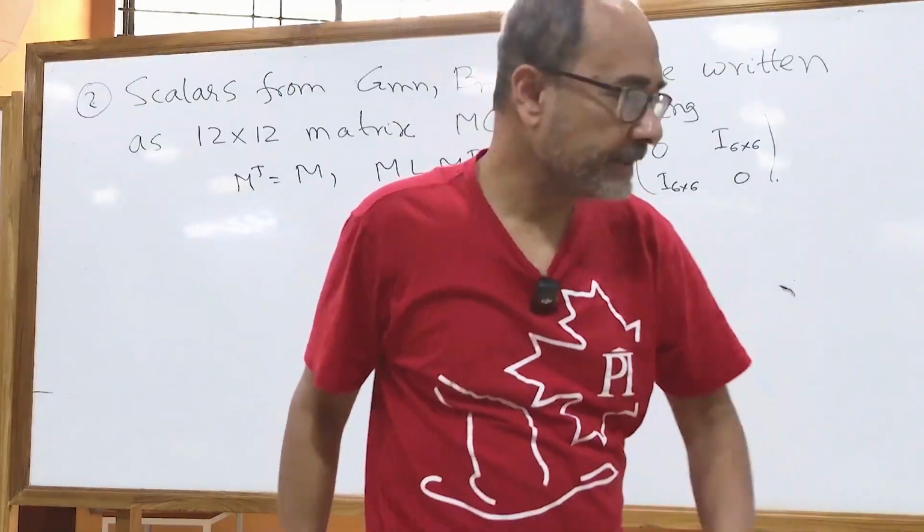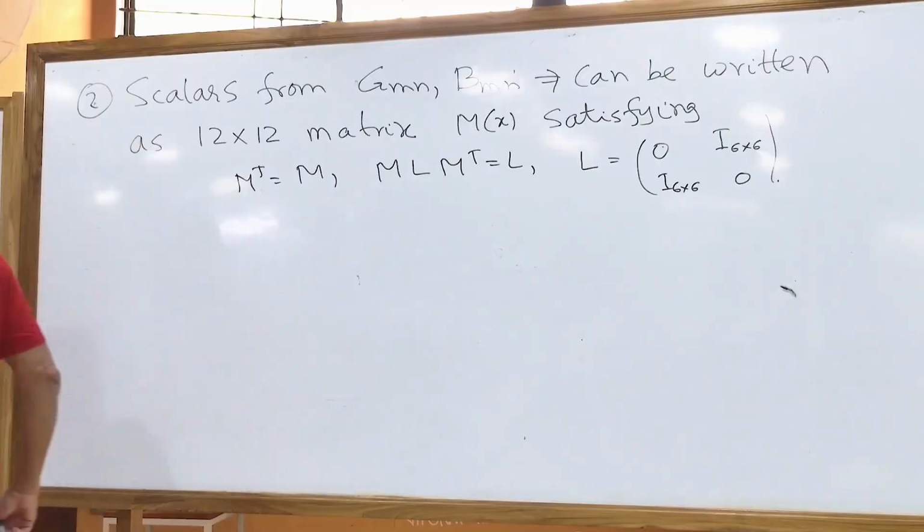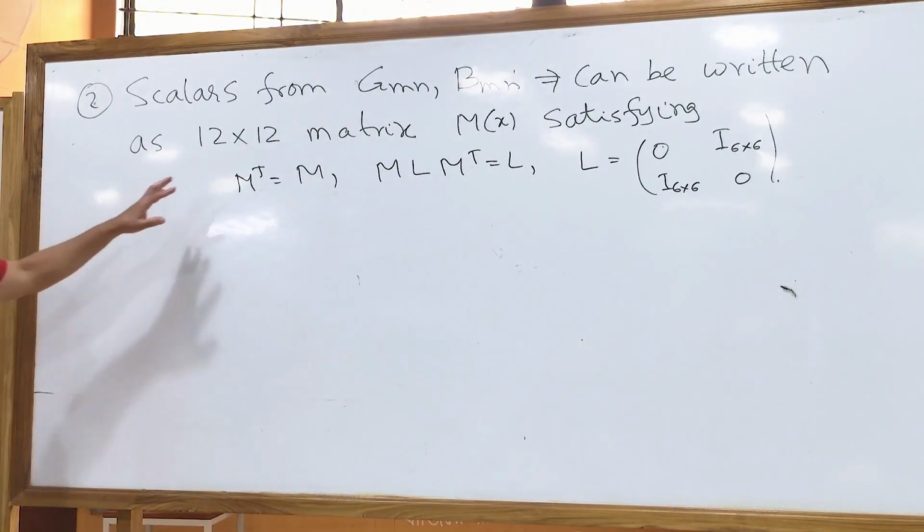These are real fields, all real fields. So A and sigma are also real fields, and M is also a real matrix.